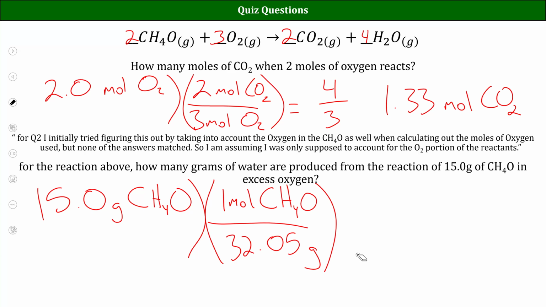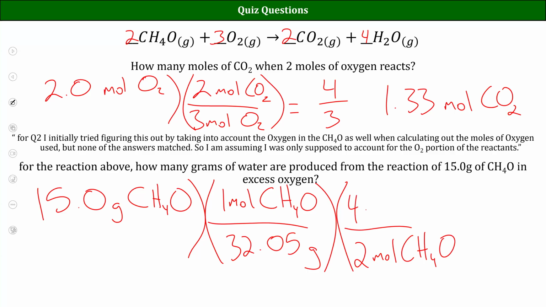If you're starting to feel more comfortable with our stoichiometry problems, and I know I'm not dealing with any limiting reactant or anything like that, I'm just trying to get a theoretical yield, and I'm comfortable with this step, I can just keep going. Because I can say for every, pull the coefficients down, for every 2 moles of CH4O, oh sorry, it's grams of water, not CO2.